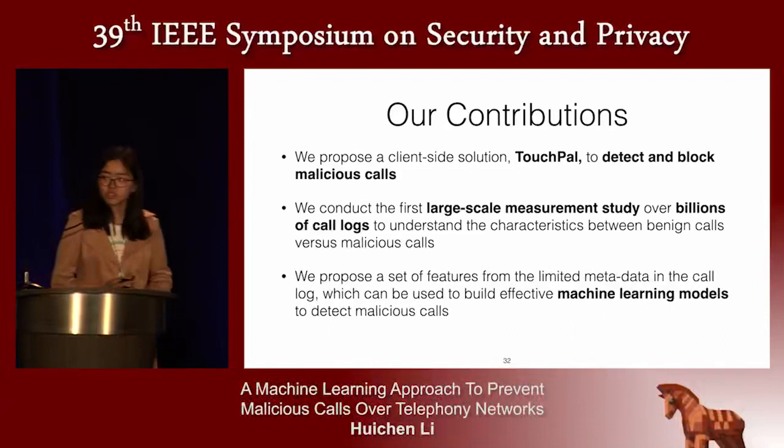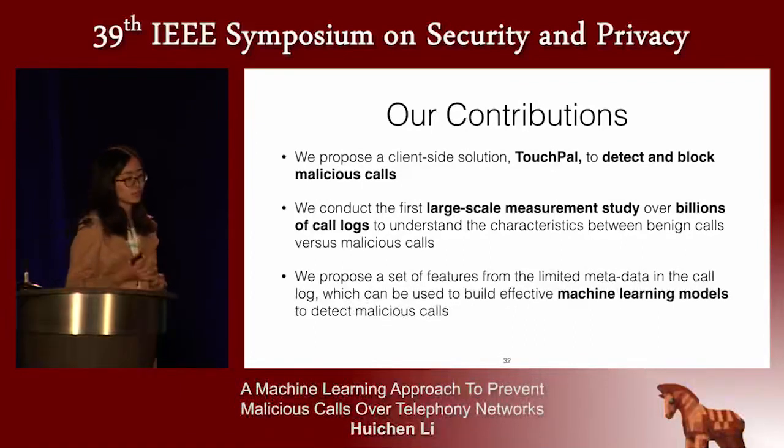Actually, although we only use 3 months of data in this work, this app has been running for many years, and there are millions of users, and the label set is very large, and we also collect information from the internet.